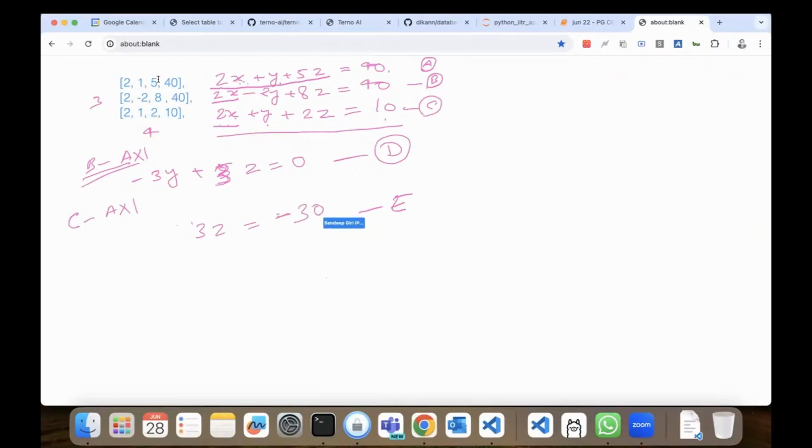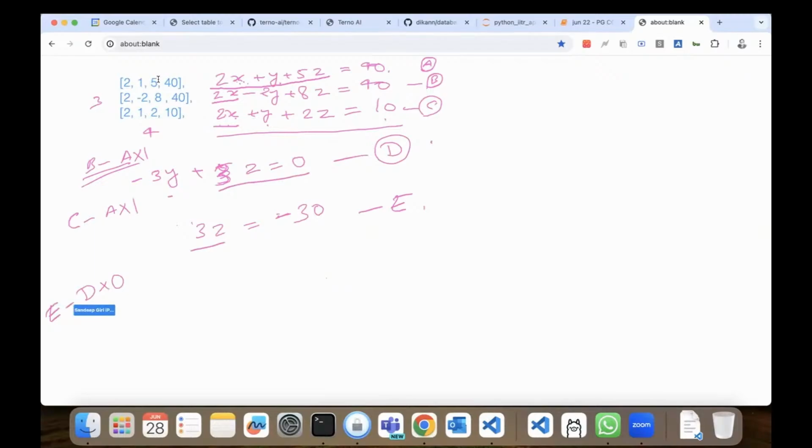Okay, so we have D and E, and we are trying to solve for Y and Z, right? Now we are seeing that we basically subtract from the first equation with 0 as the multiplier. So D times 0, E minus D.